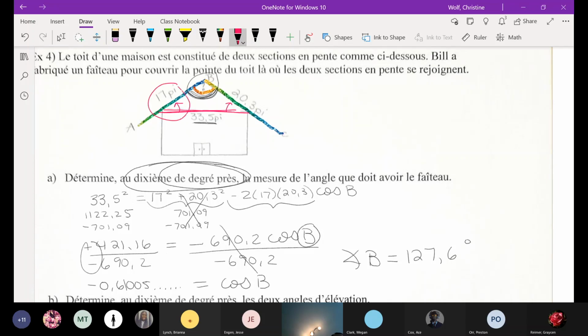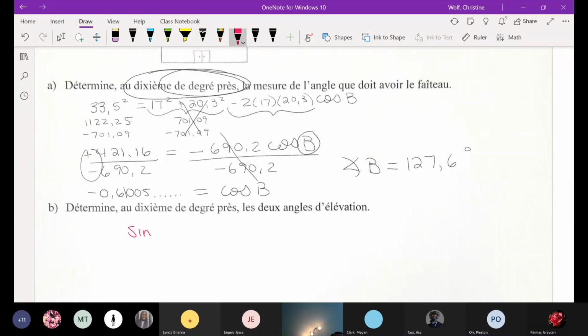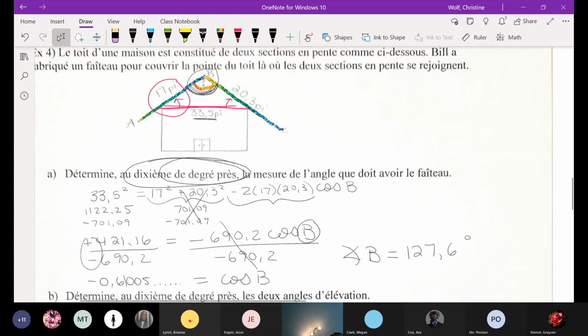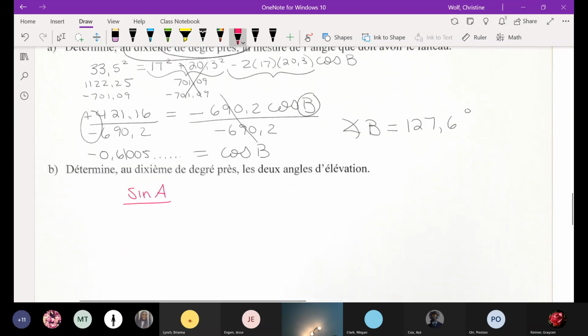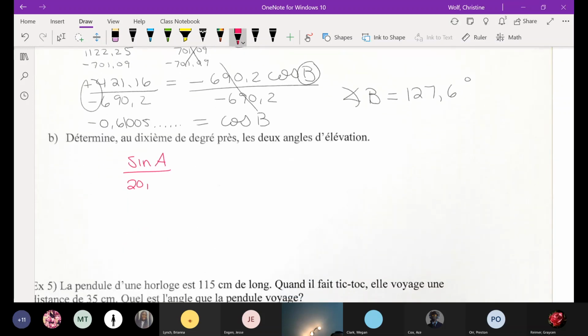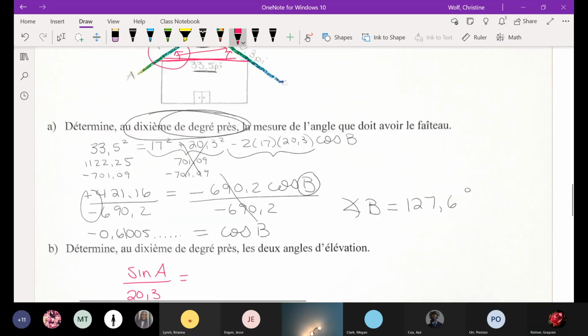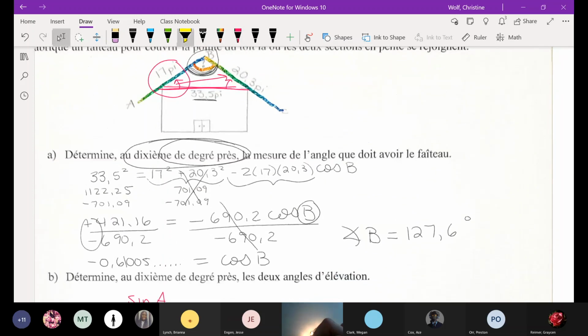J'allais commencer avec celui-ci. All right, angle A. So je cherche angle A et angle A va être divisé par le côté opposé, so 20.3. Then I set it equal to, what do I know both of? Where's my pair? Well, this is my pair, the angle I just found, right?